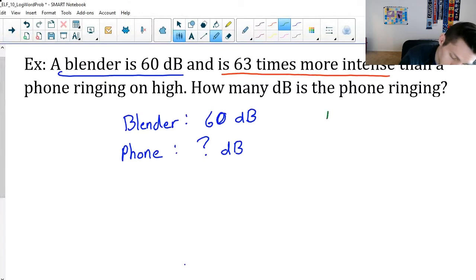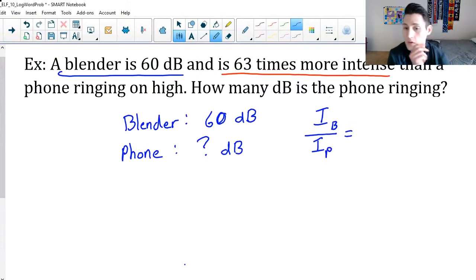So it tells me the ratio between them already. It says the ratio of the blender to the phone is 63.